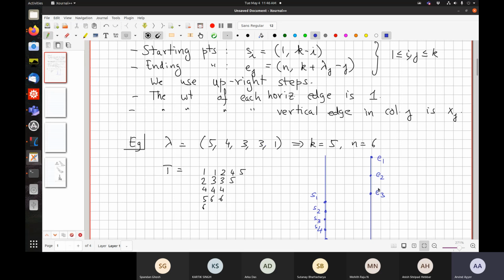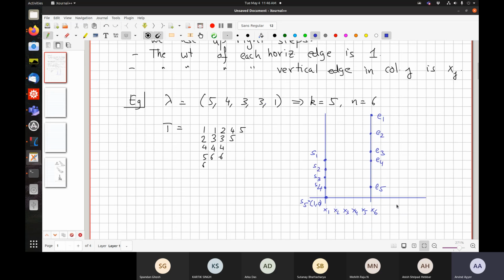Then E4 is 5 plus 3 minus 4, so that's 4. And E5 is 5 plus 1 minus 5, so that is 1. Okay, so is it clear?